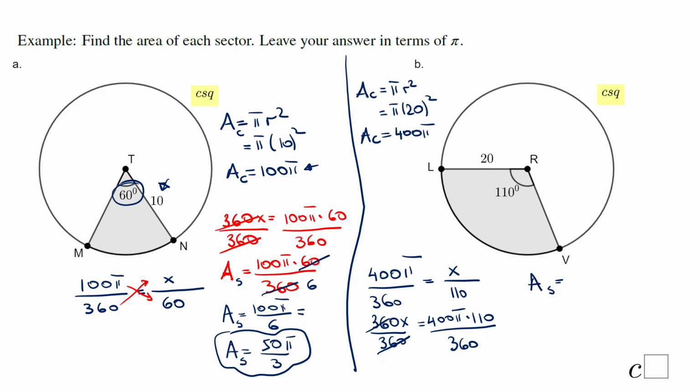And now here I'm going to copy, and I'm going to try to simplify. I think the first thing I'm going to do is cancel this 0. And then let me copy one more time. And we have 400 pi times 11 over 36.